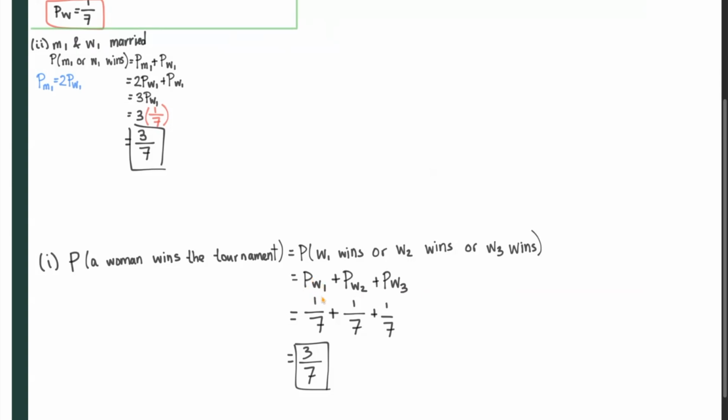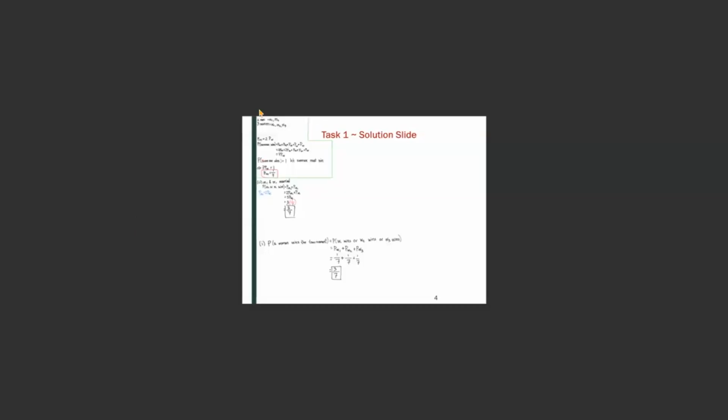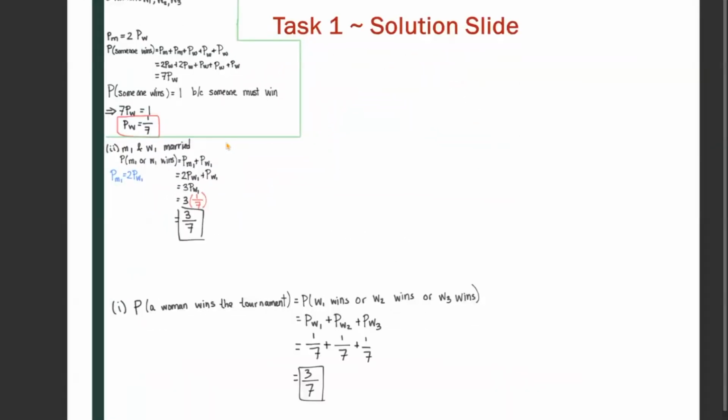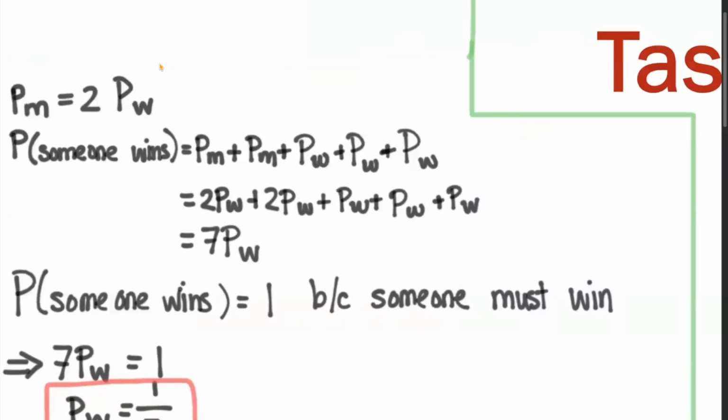And how do we find what PW1 equals? Let PM denote the probability that a man wins.